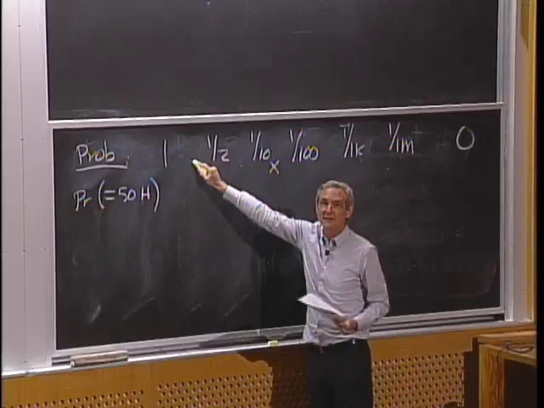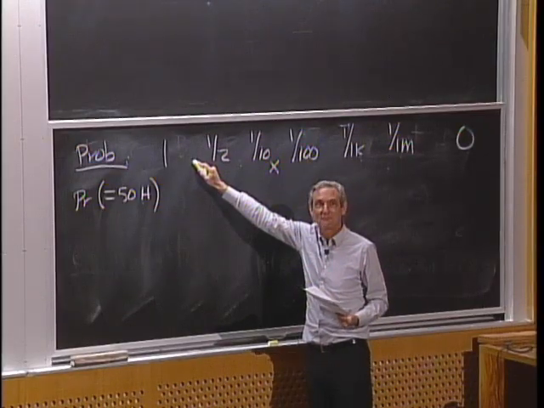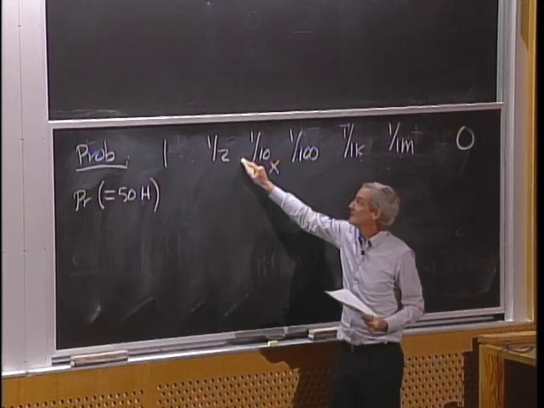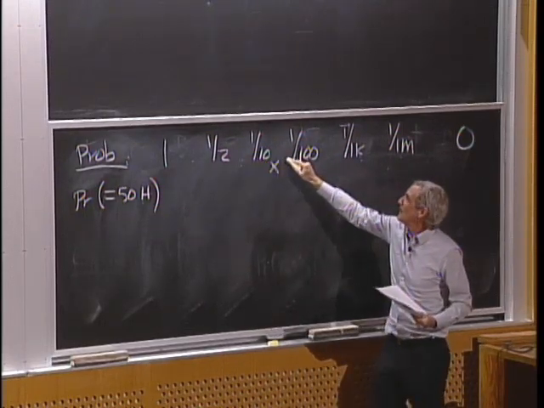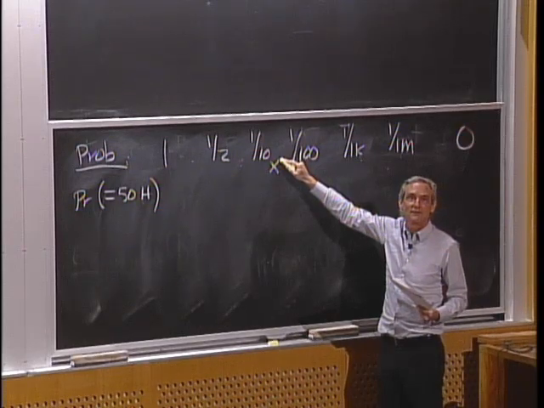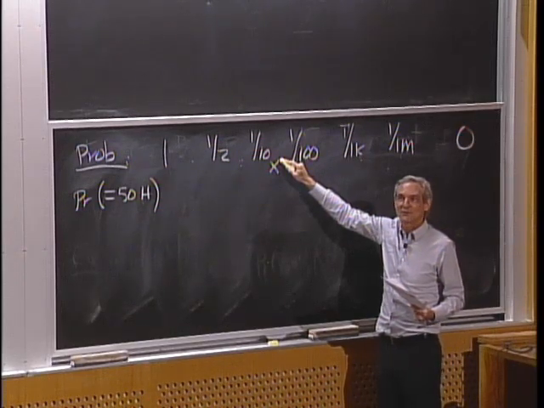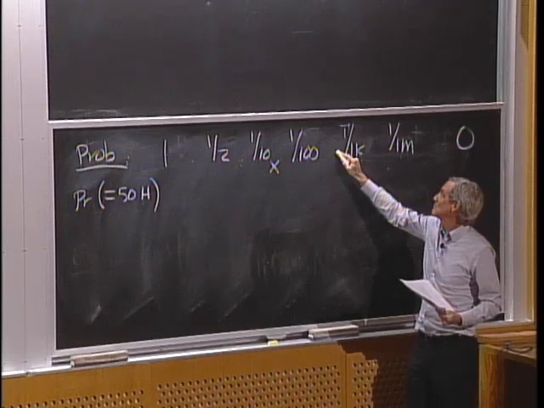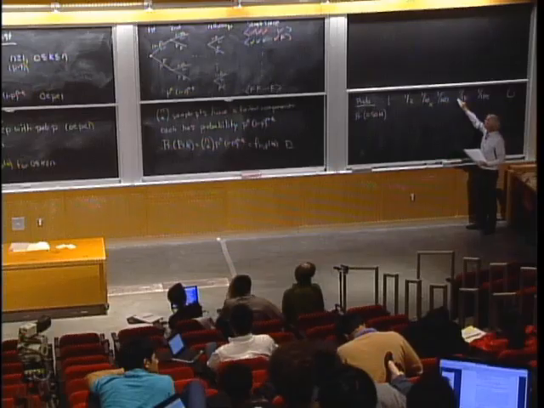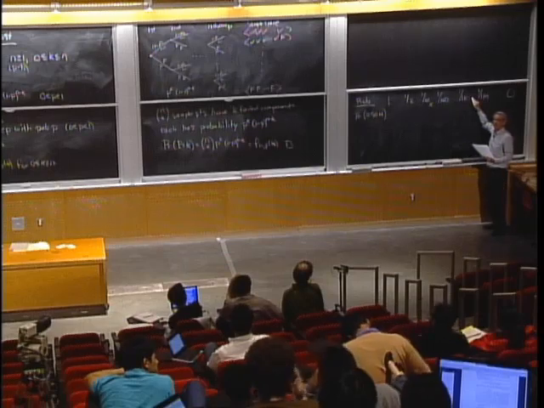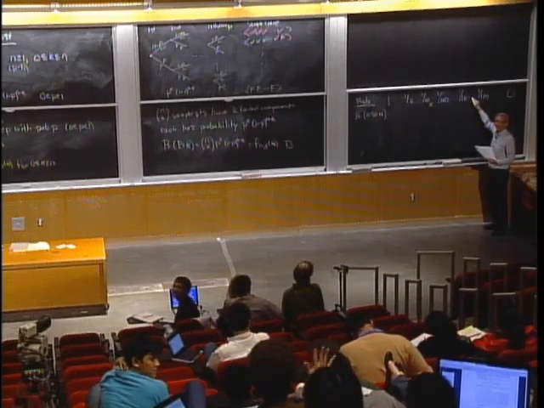How many people think it's here? Some. Yeah, you got a lot of chances. How about here? Yeah, OK. What about between a tenth and a hundredth? One person, two people left. Between a hundredth and a thousandth. Nobody left. Anybody here? Thousandth and a millionth? Well, one person's left.